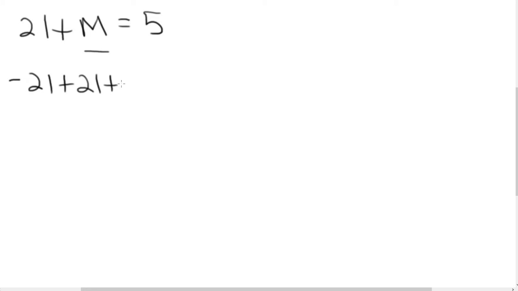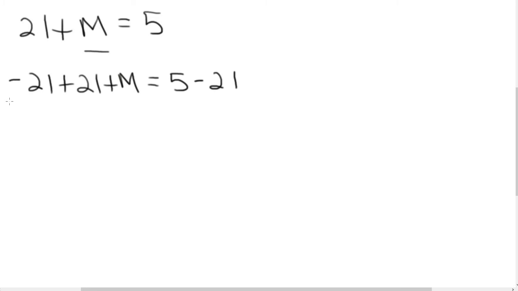Feel free to pause the video and try the following example. 21 plus m equals 5. By the subtraction property of equality, we want to get m by itself. We have a positive 21. We can subtract 21 from both sides because we know if we add opposite numbers, that equals 0.